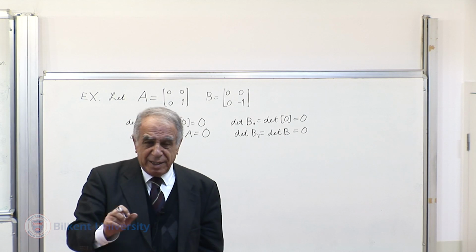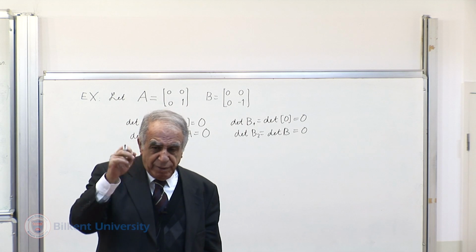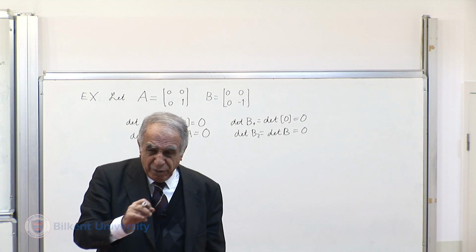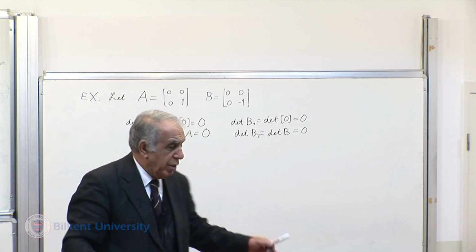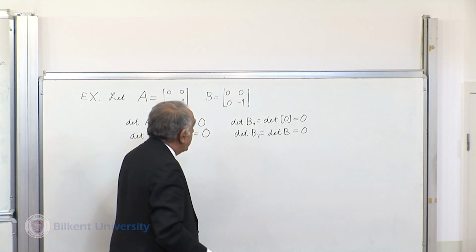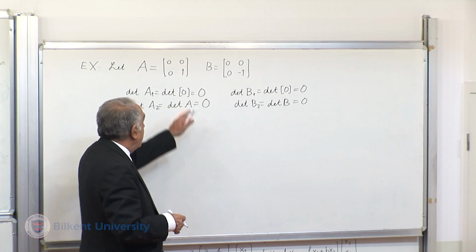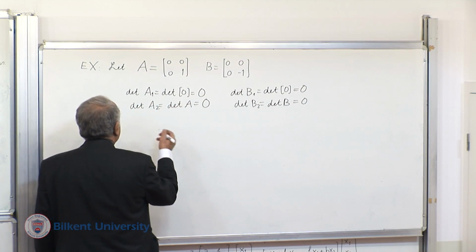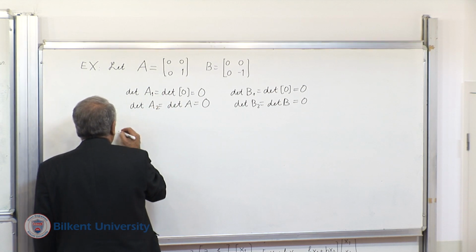If one has one of the three properties, the other should share the same property. So let's check directly for these simple matrices in which category they fall.